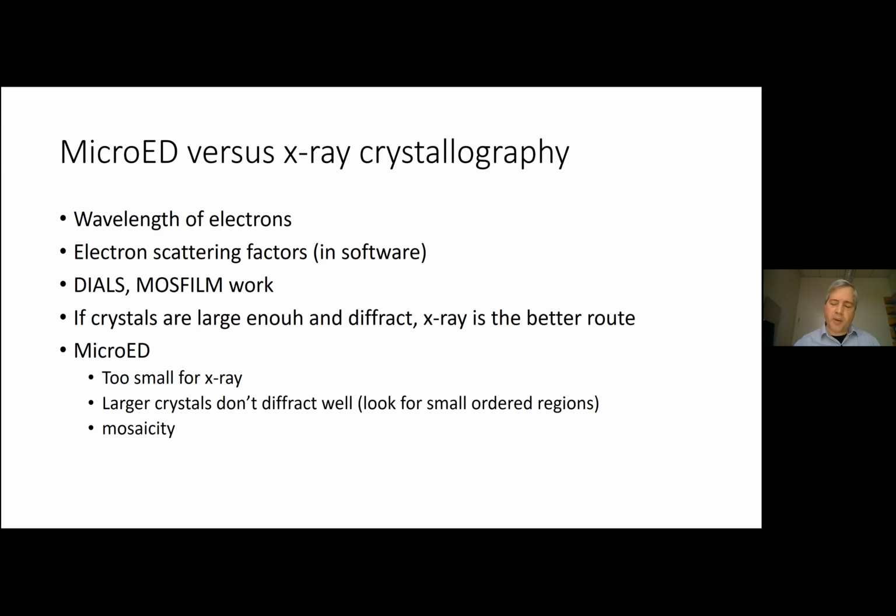But these are all complementary techniques. MicroED is not trying to replace X-ray crystallography. It's a technique in addition to X-ray crystallography and in addition to single particle analysis of proteins to get structure. So it's just another way of doing it, basically.